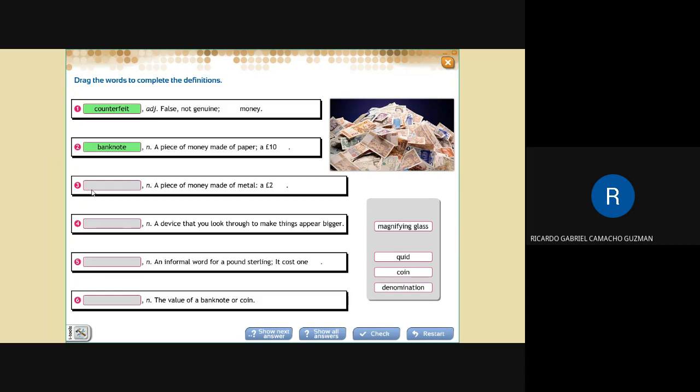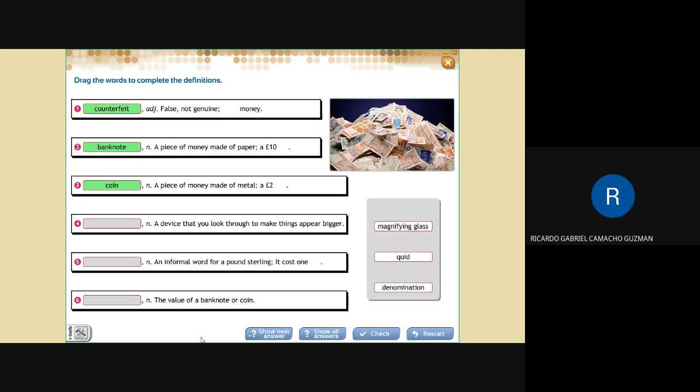The number three, you already mentioned it: a piece of money made of metal. For example, 2 pounds. In this case, it is a coin. We already know this. The number four says a device that you look through to make things appear bigger. What do you think it is? Magnifying glass.